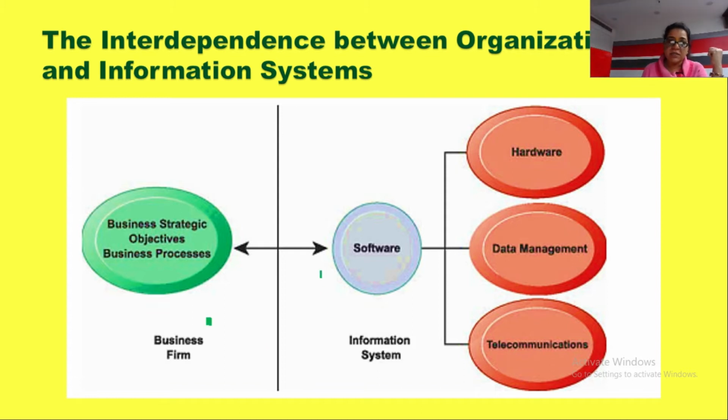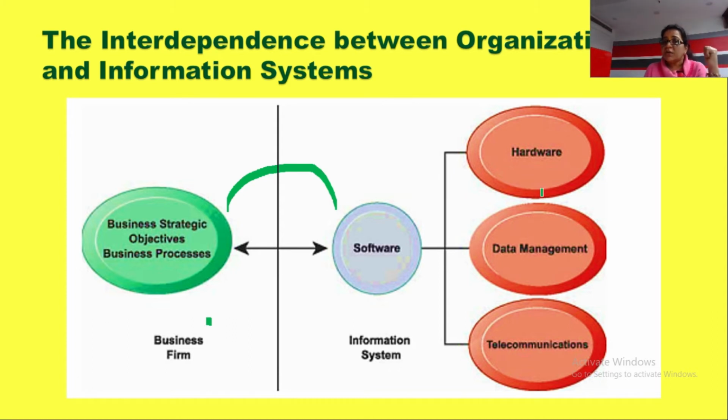How? Let's see. Every business firm has its own business strategic objectives, and within it various business processes which are running concurrently. Again, when this particular firm gets associated with a particular software, that is the information system, what happens? Inside the information system, hardware is there, data management is there, and telecommunication is there. That is, all the communication is now possible through the digital networks.